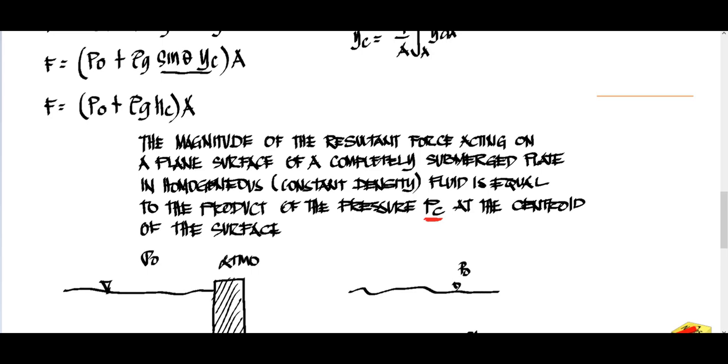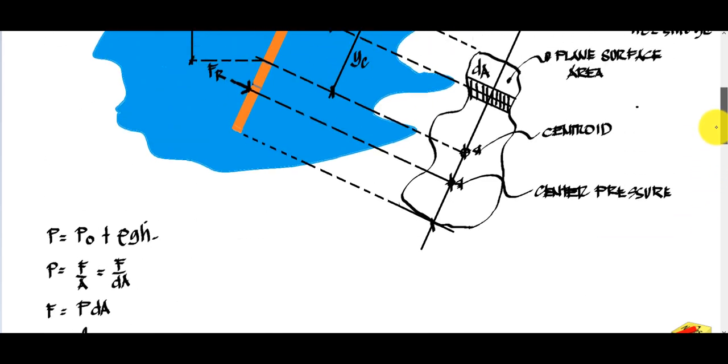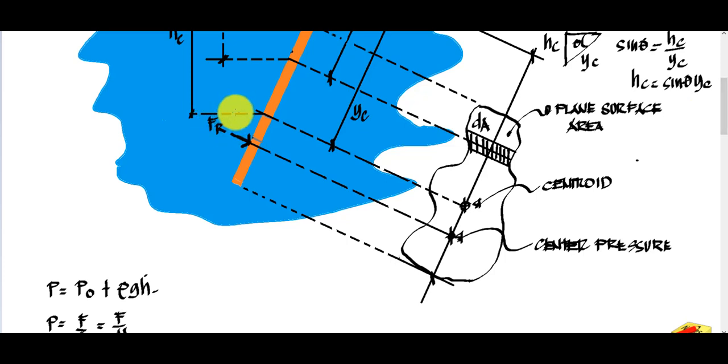Next, we need to determine the line of action of the resultant force Fr. When two parallel force systems are equivalent, they have the same magnitude and the same moment about any point.